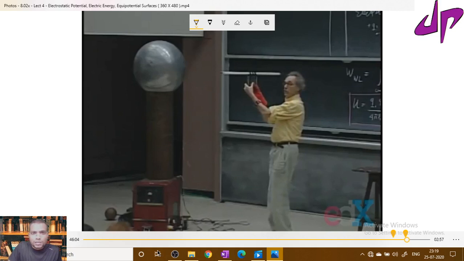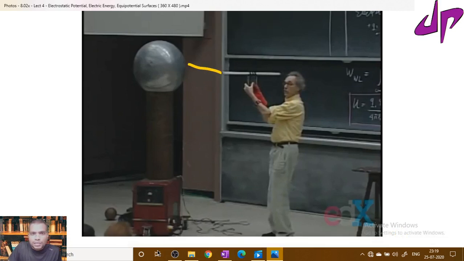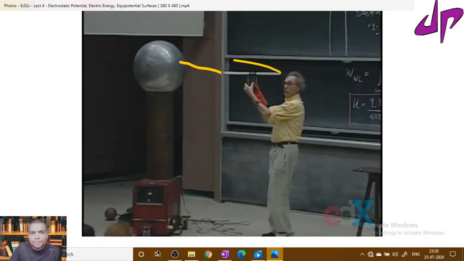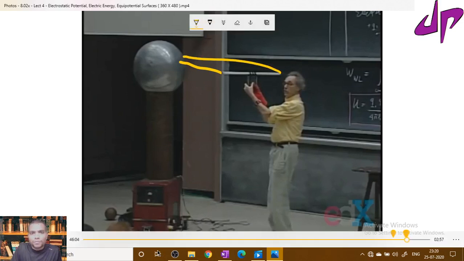Now we can see this location is at a distance and this location is also at the same distance. In two dimensions it looks a little bigger, but when you keep the fluorescent lamp equatorially, both are at the same distance.